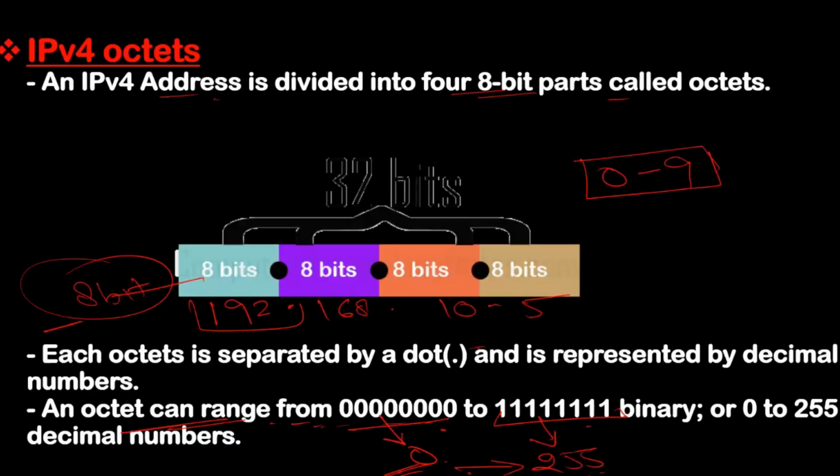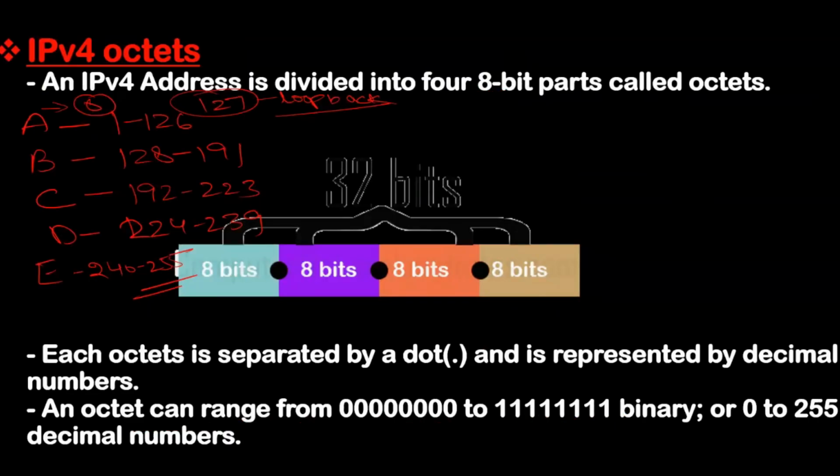So here are the classes. I divided this IP version 4 address into five classes. For class A, in some books the range is from 1 to 126, and in the notes section it is mentioned that 127 is reserved for loopback and 0 is reserved for the default IP.